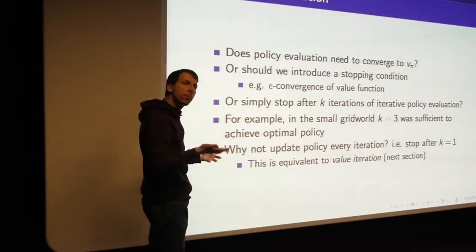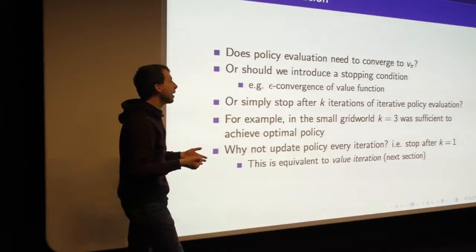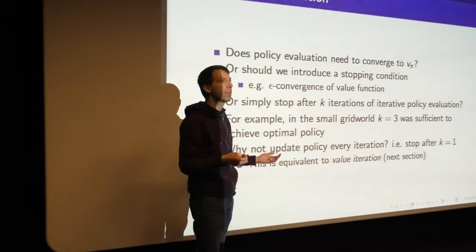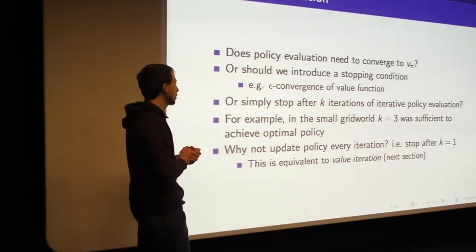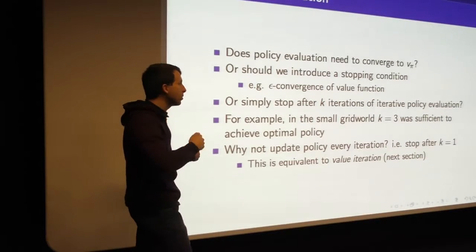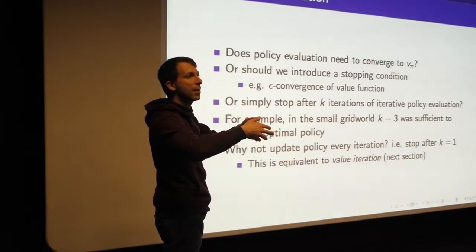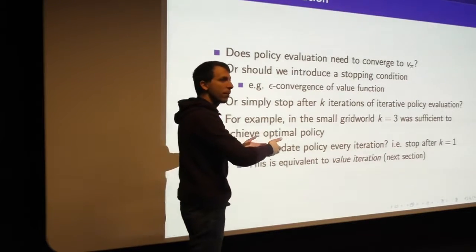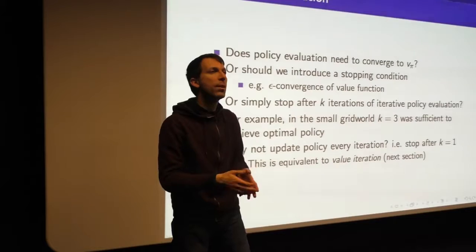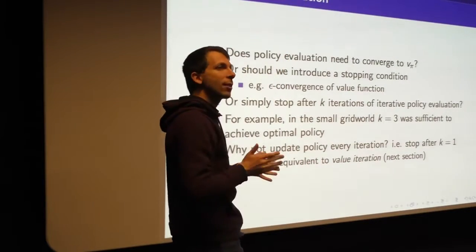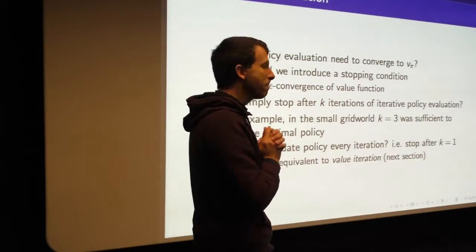But even that would probably be wasting effort. So what happens if we do something more naive, like take k iterations of iterative policy evaluation, like 3 in the small grid world, and then improve your policy? This is a perfectly reasonable algorithm, and it still converges to the optimal policy.